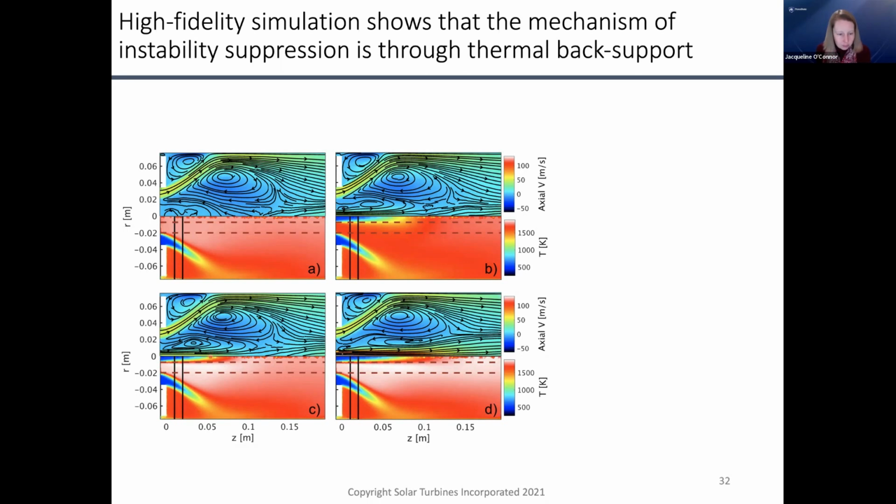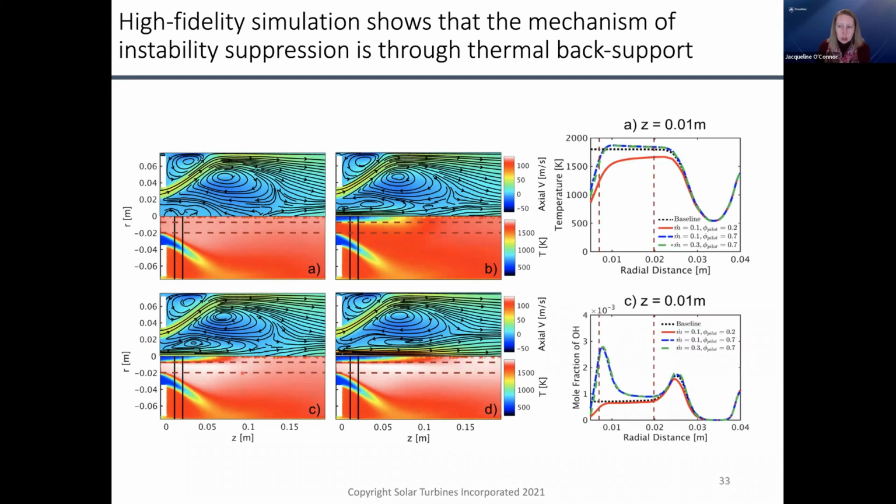So you can see on the bottom is temperature, on the top is the time average flow field. This pilot jet extends just a little bit here out to about a distance of 5 centimeters. This pilot jet extends out to about 8 centimeters because this is the higher flow rate than this one. So what we're plotting on the right over here is along these lines.